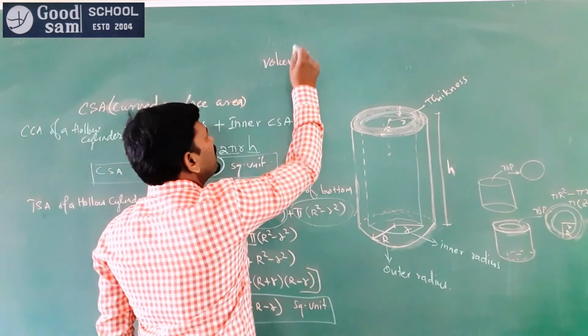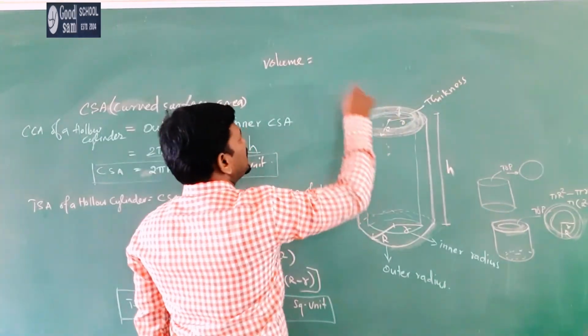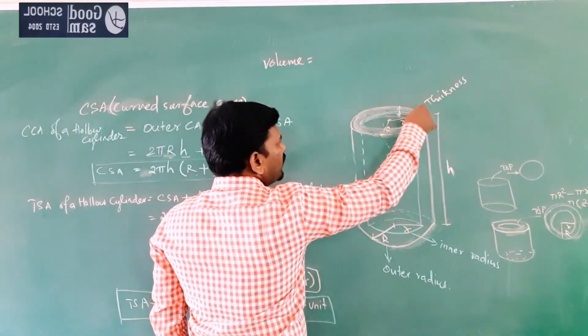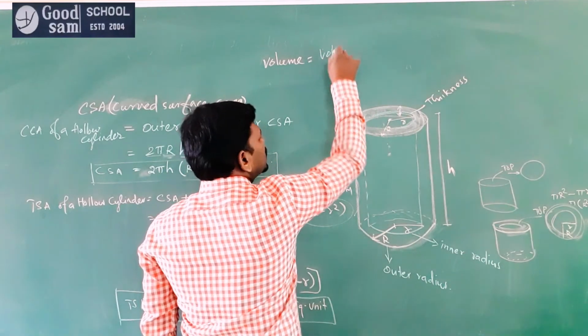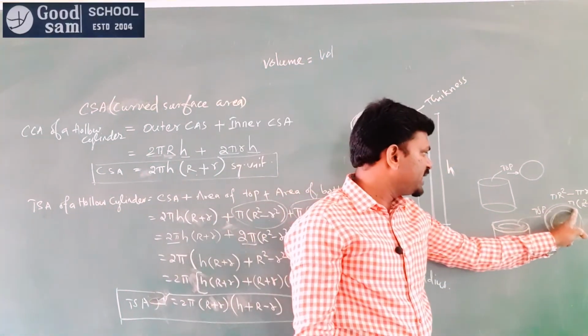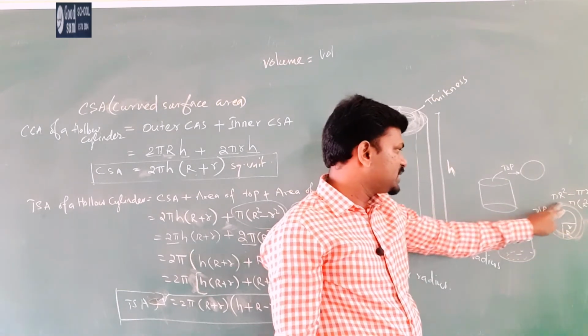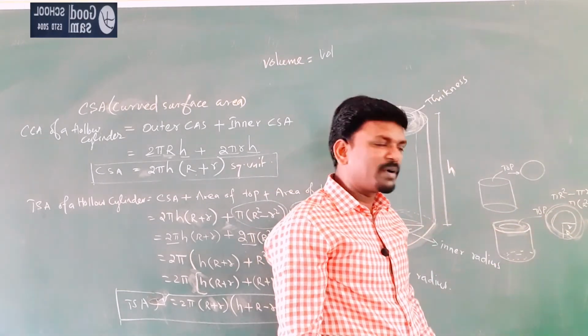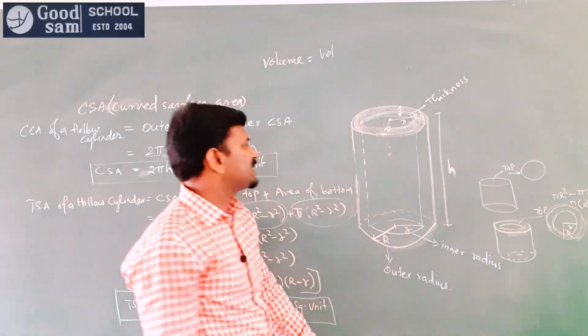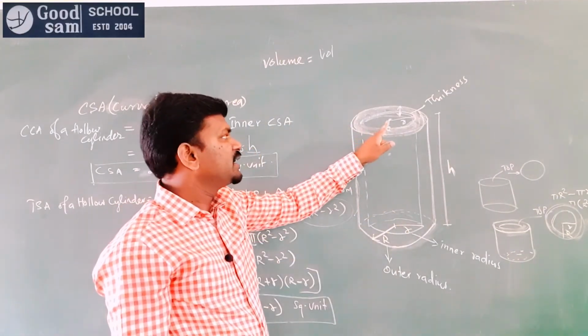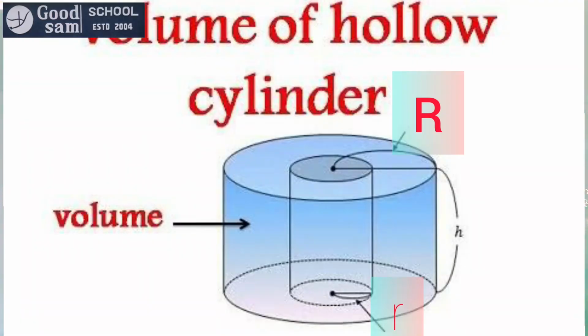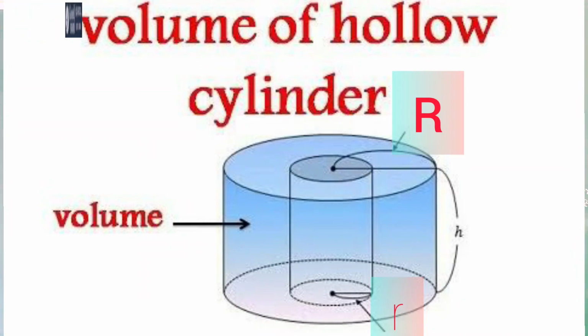So the volume of a hollow cylinder is equal to the same formula. Just as here, to find the area we subtract the small circle from the big circle, similarly we will subtract the volume of the smaller cylinder from the volume of the big cylinder.